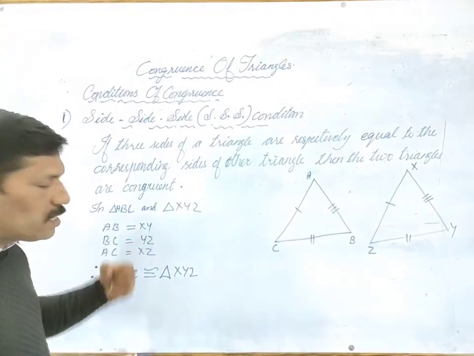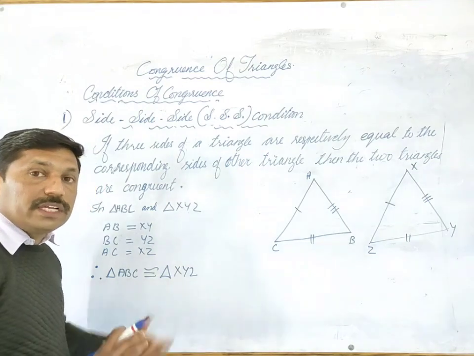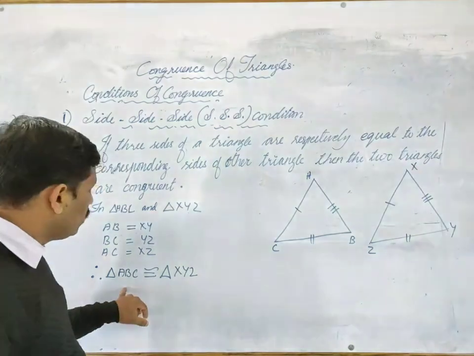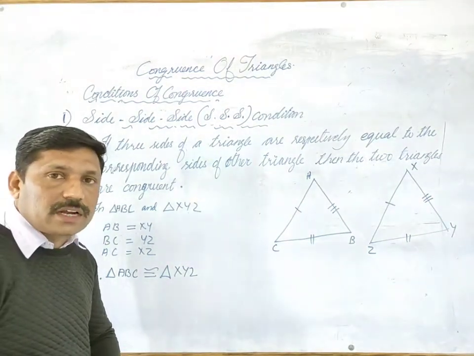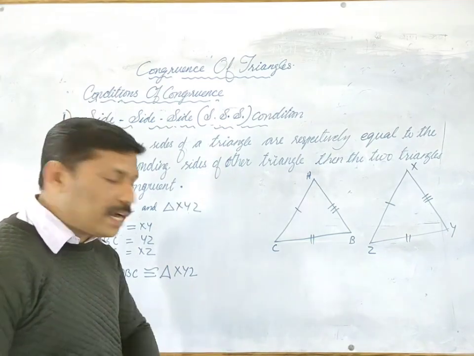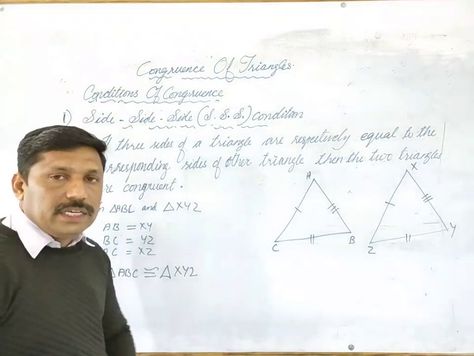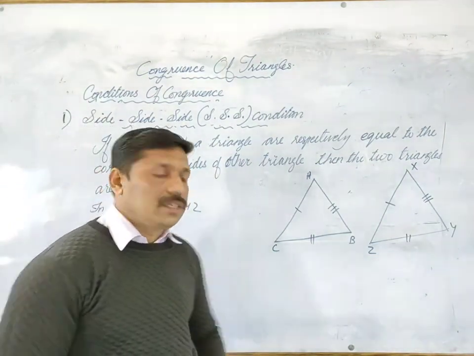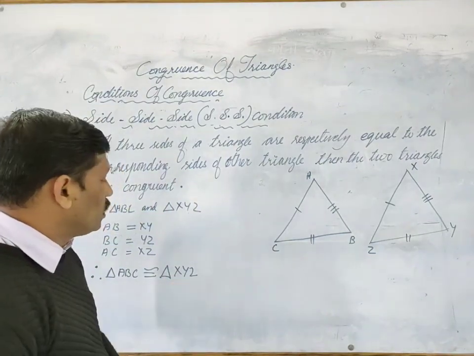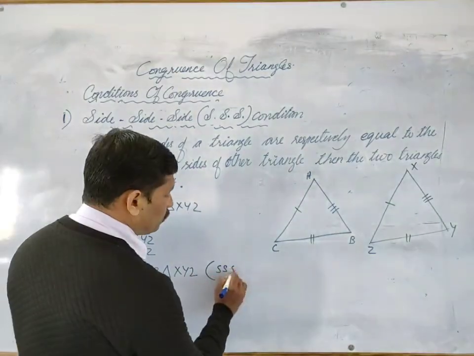So if the three sides of one triangle are equal to the corresponding three sides of the other triangle, then we can say that these two triangles are congruent by S condition. That means side condition. So we have written that triangle ABC is congruent to triangle XYZ by which condition? By S condition.